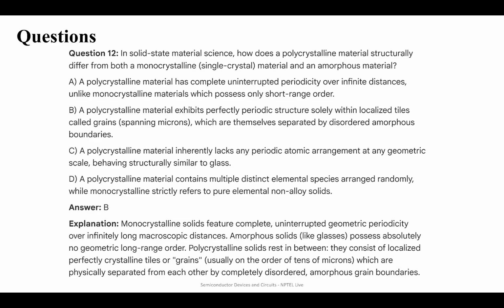They consist of localized perfectly crystalline tiles or grains, usually on the order of tens of microns, which are physically separated from each other by completely disordered amorphous grain boundaries. So polycrystalline is a kind of combination of both monocrystalline and amorphous. So the correct answer is B.